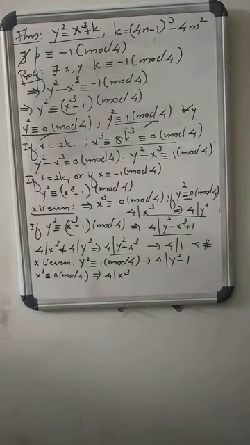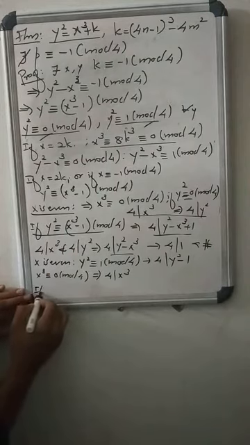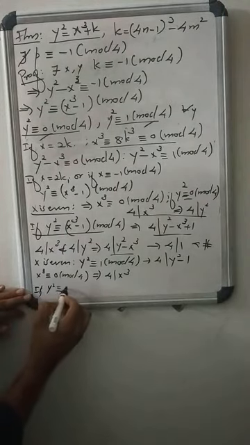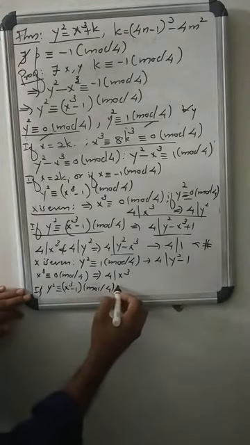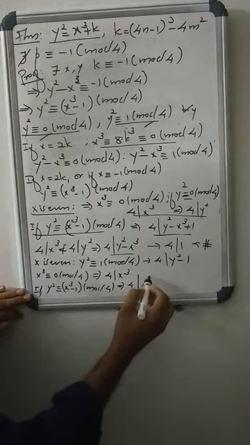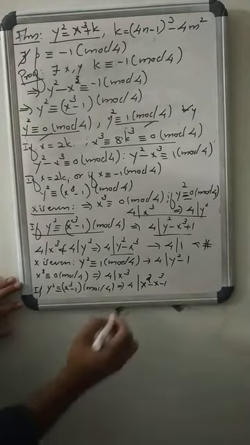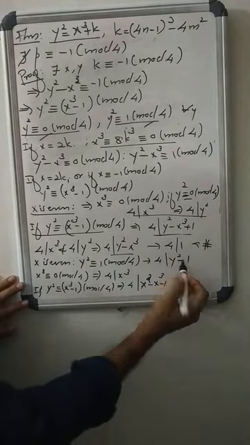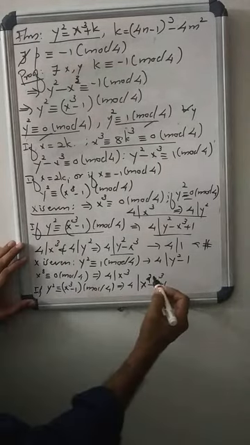Agreed? So, if possible, y square is congruent to x cube minus 1 mod 4. That means again 4 divides y square minus x cube minus 1. Here 4 divides y square minus 1 and 4 divides x cube.